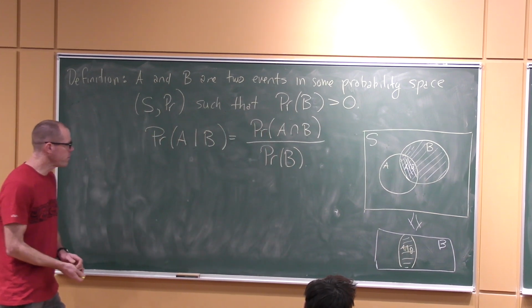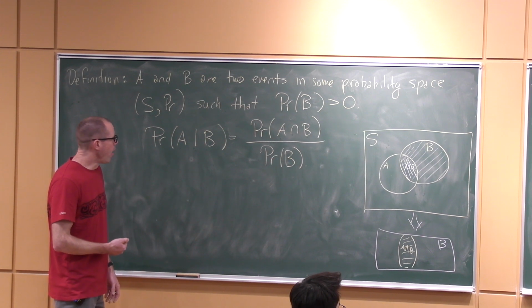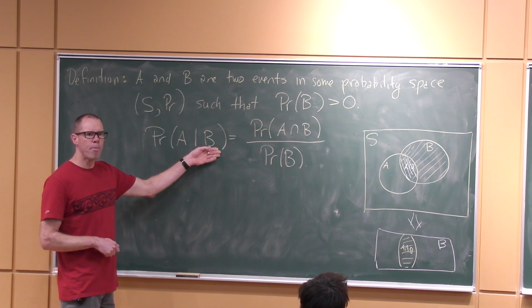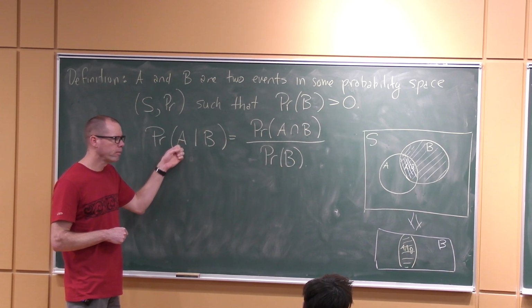And so we interpret this as, if I tell you that B happened, what is the probability that A happened knowing that? Okay.